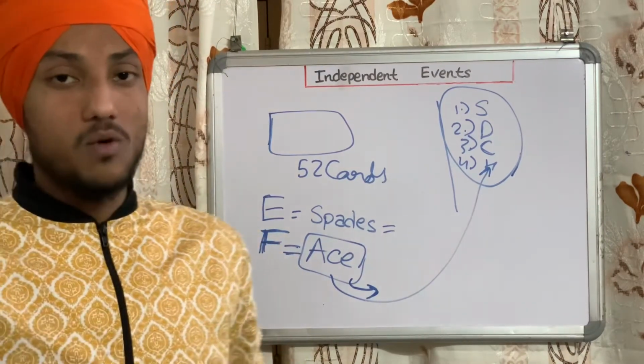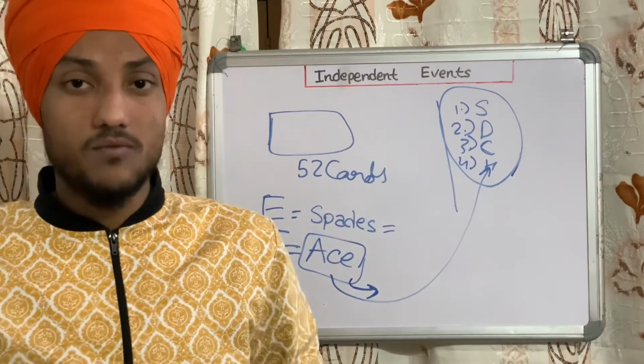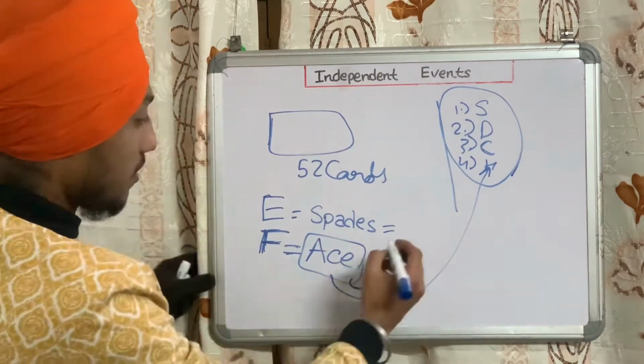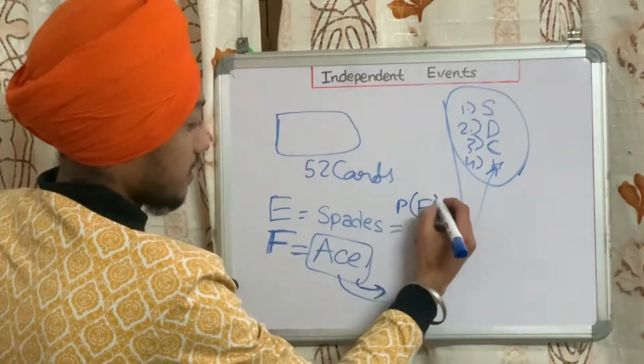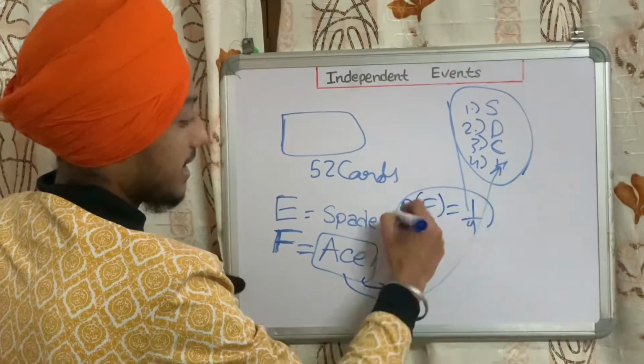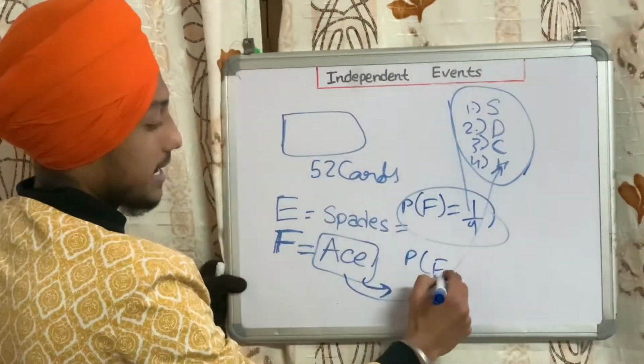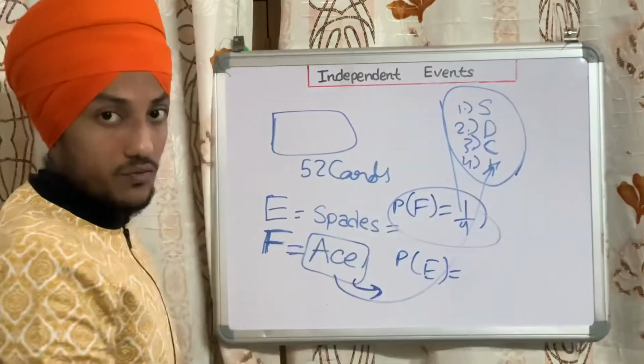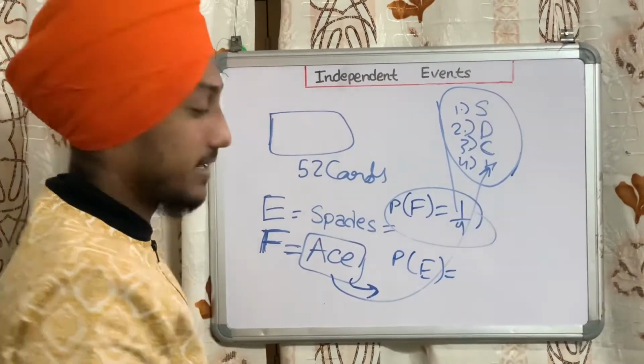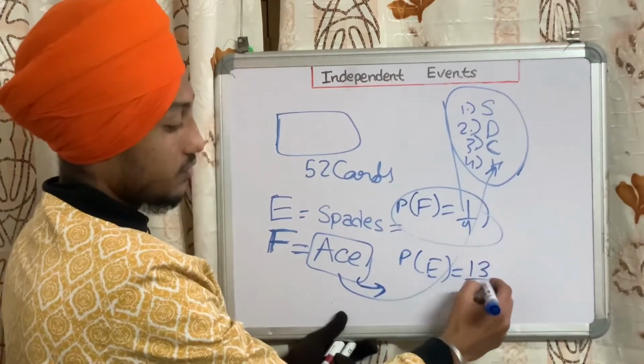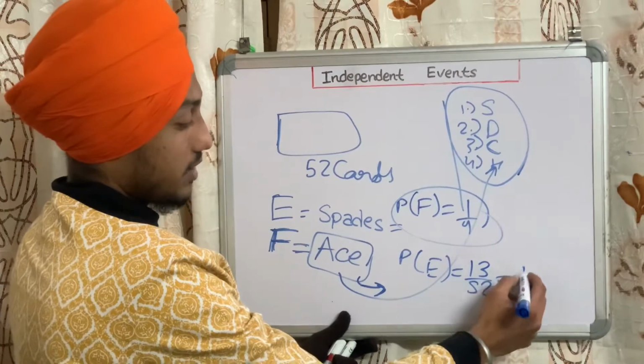It's one of these four, so the probability of F is 1 by 4. And for the probability of E, we know that the 52 cards are divided into four categories, each including 13, so it's also 1 by 4.